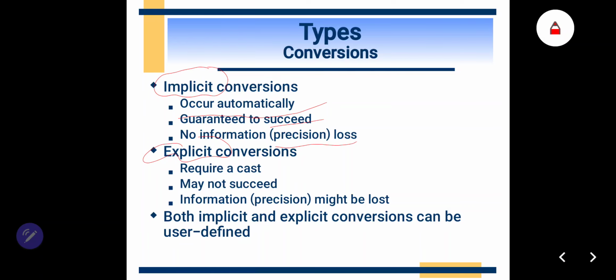Explicit conversion requires a cast and may not succeed. Information or precision might be lost. Both implicit and explicit conversion can be user-defined.